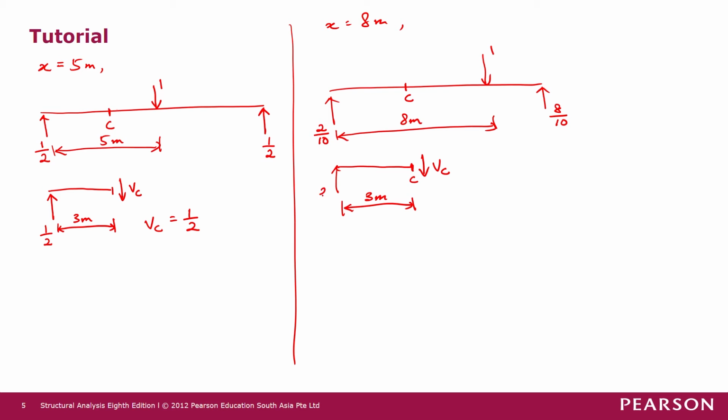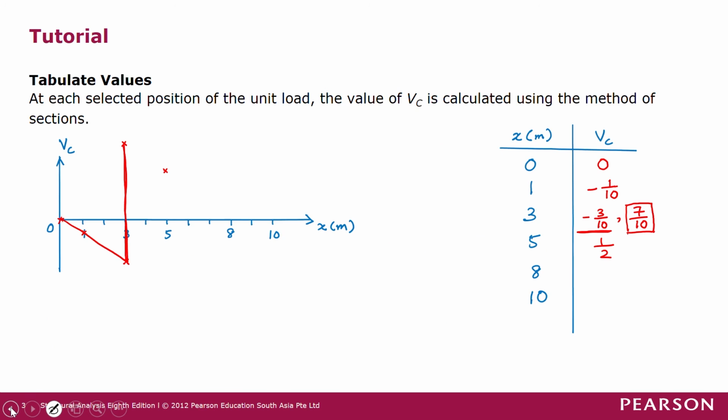So this is 2 over 10. When we solve for VC, we get VC equals 2 over 10, or 1 over 5. So this is somewhere here.